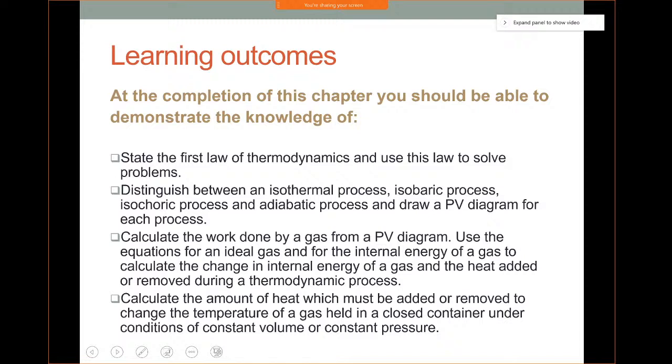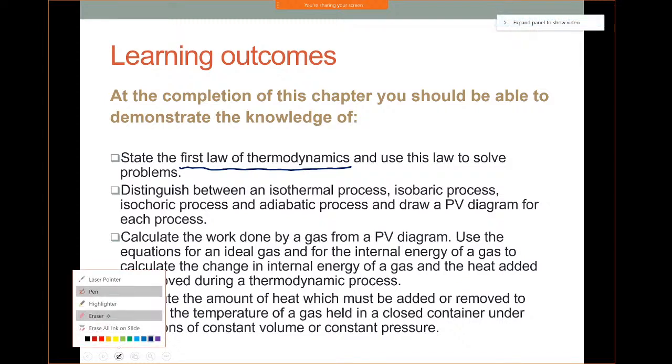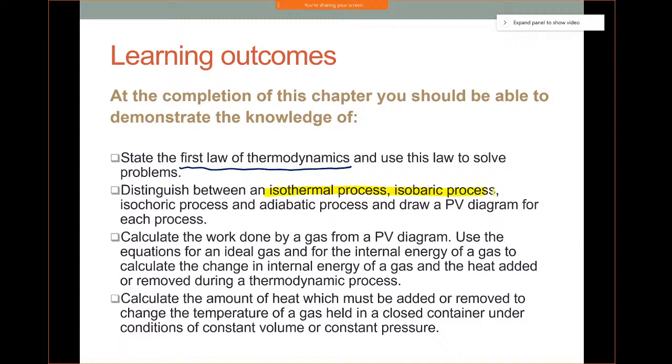Let's look at the learning outcomes today. At the end of the session, you will be able to state the first law of thermodynamics, and we will use this to solve problems. We will also learn 4 types of thermodynamic processes: isothermal, isobaric, isochoric, and adiabatic processes.